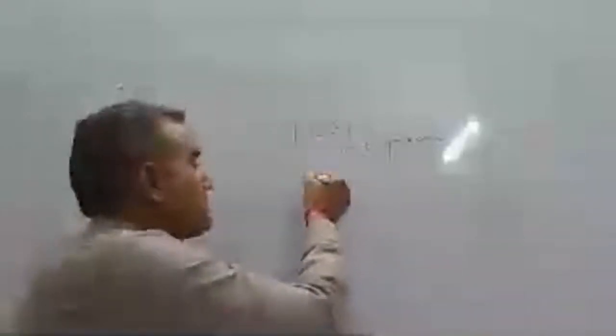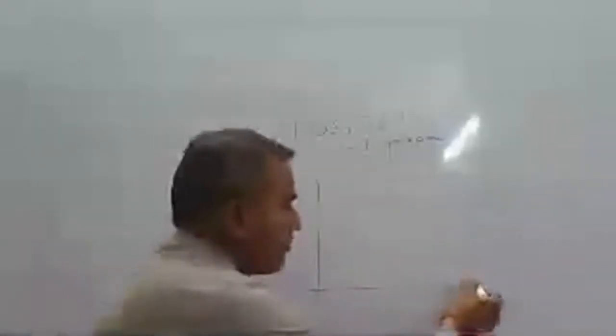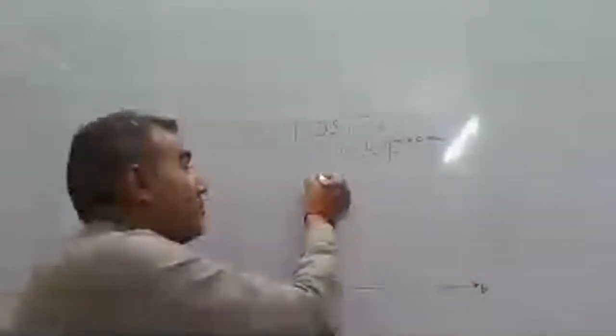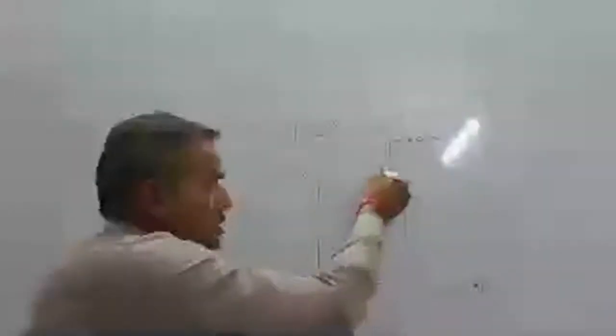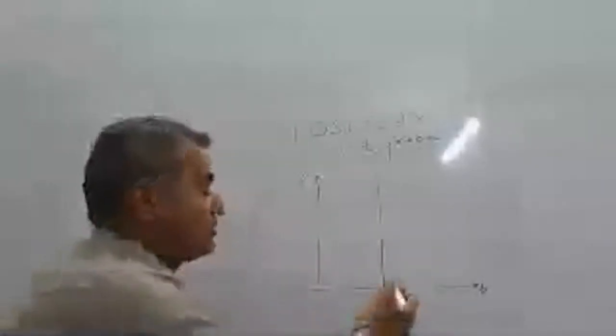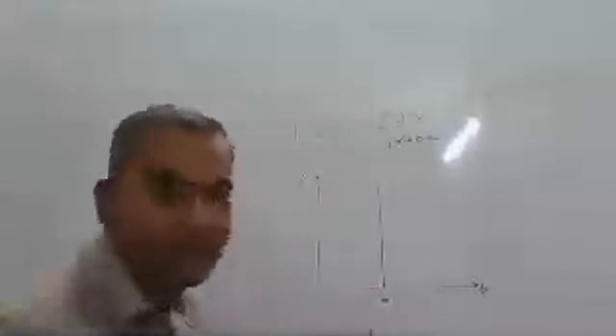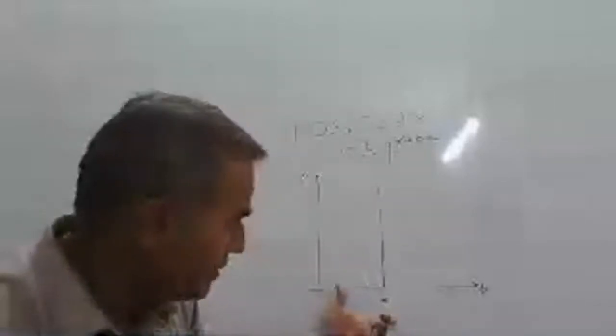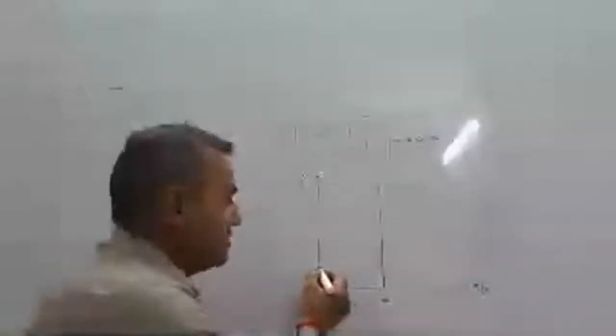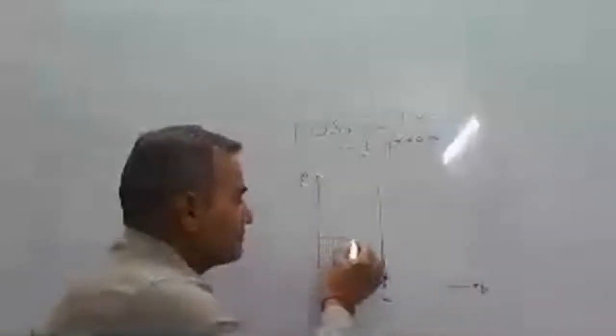The second will be the time-position graph. Time is constant always, but displacements are changing. It is not possible that time is not changing but displacement is continuously changing.